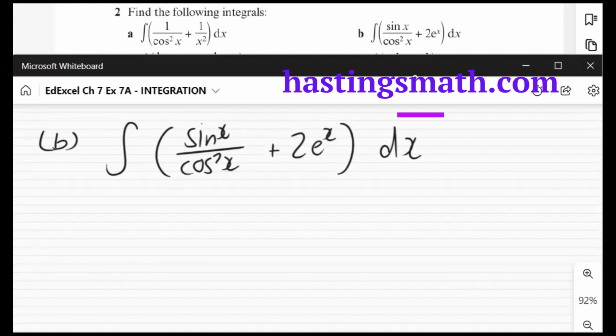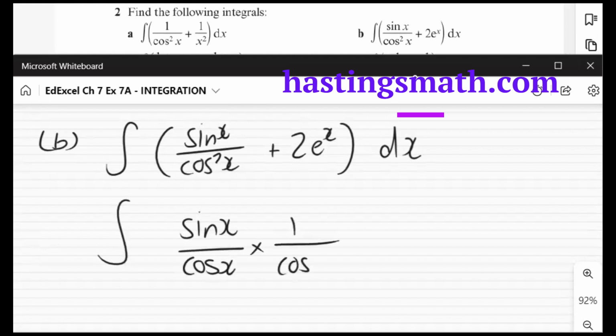But the sine x and cos squared x is a little bit worrying. So I'm going to split it up. This is the same thing as this. So I've just split the cos squared x into 1 over cos x and sine x over cos x. So that we still can't use. The 2e to the x, I'm not worried about at all.